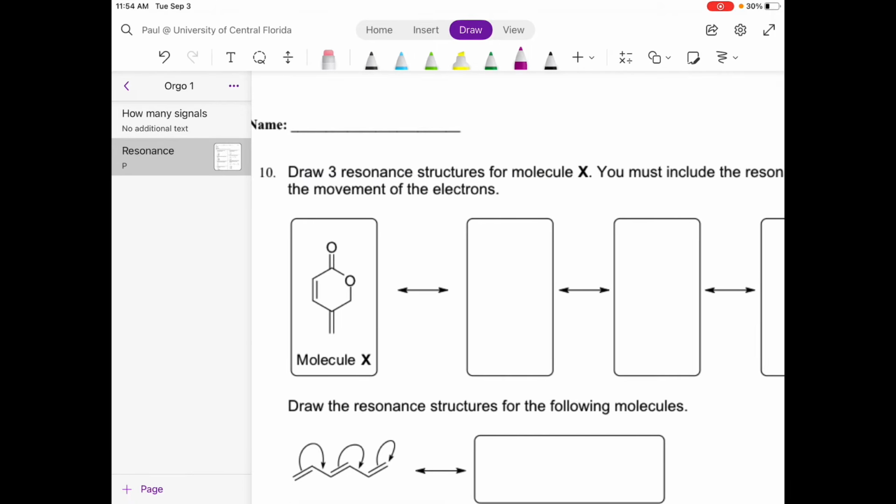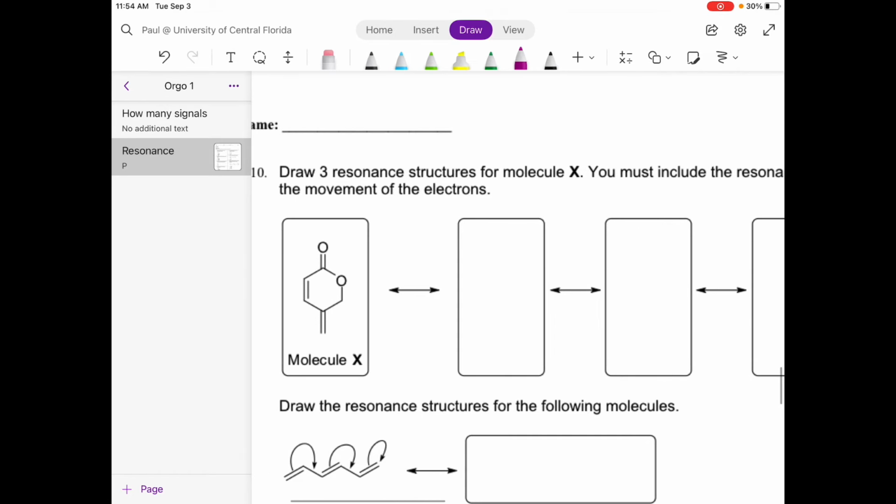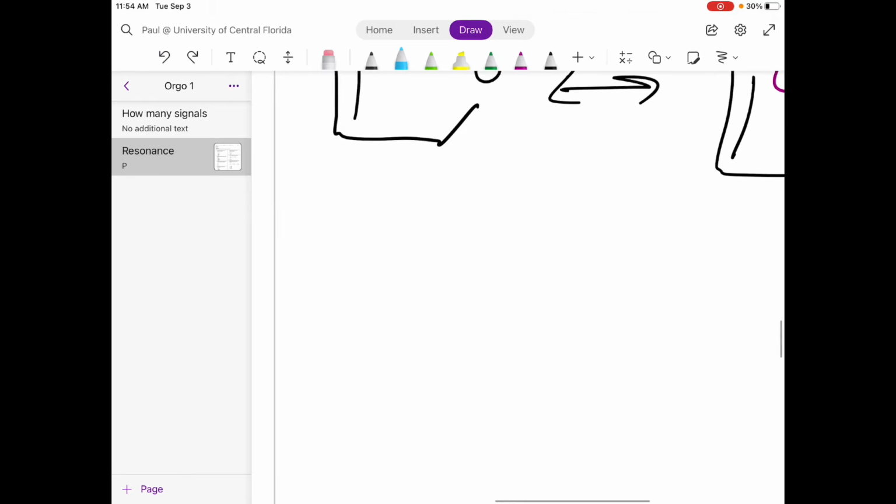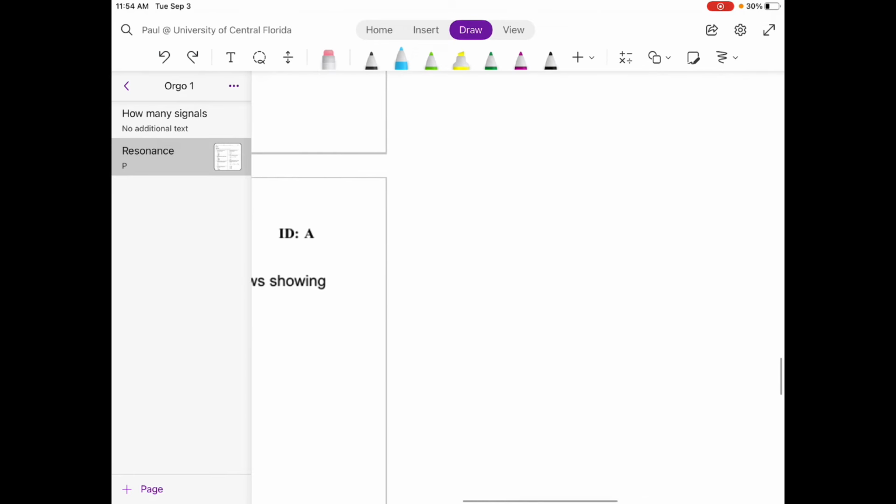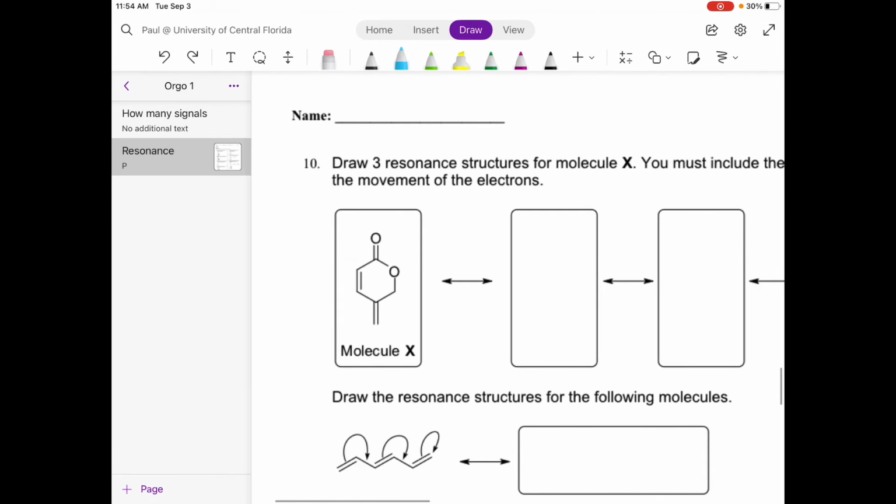Okay, let's take a look at this one here. Now, what we can do here, we see that we have double bond adjacent to a double bond. Whoa. So when I double tap that, why does it do that? So let's move those pi electrons right there.